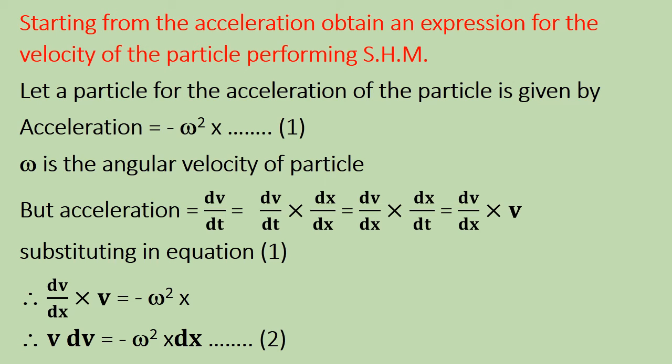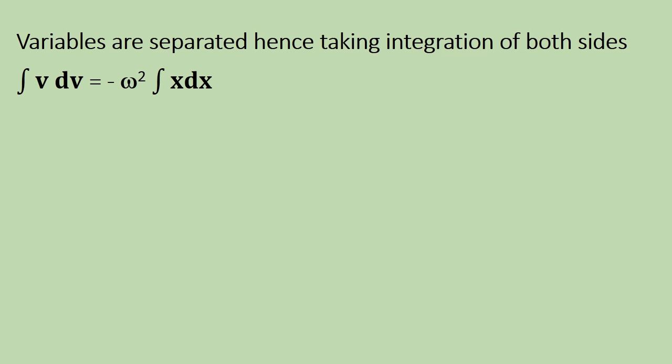Here the variables are separated, and therefore taking integration of both sides, we get the integration of v dv equal to minus omega square, which is a constant term taken outside the integration, into x dx.